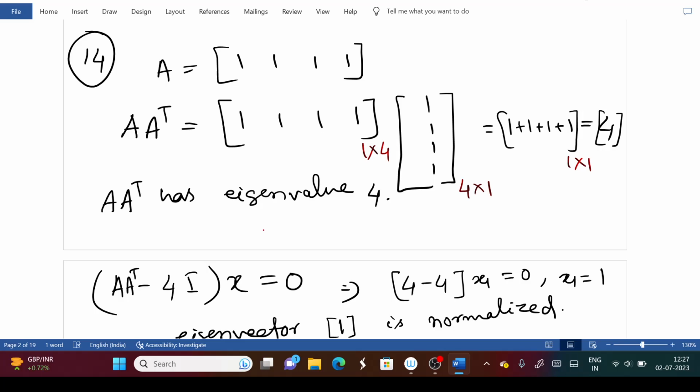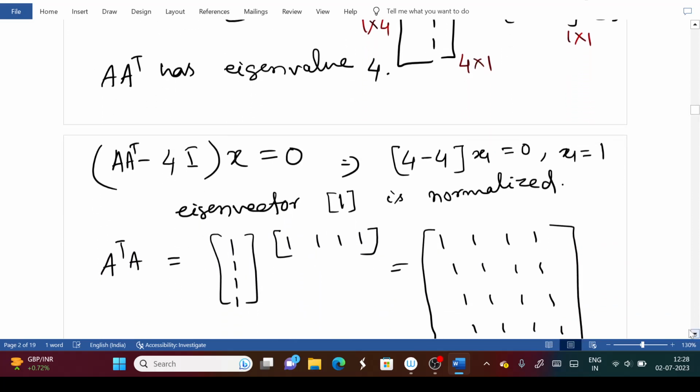So what about the eigenvector? Eigenvector means (A A transpose minus 4I) X is equal to 0. In place of lambda, substitute 4. What are we getting? It is (4 minus 4) x1 is equal to 0. So x1 is arbitrary, that is x1 is equal to 1.